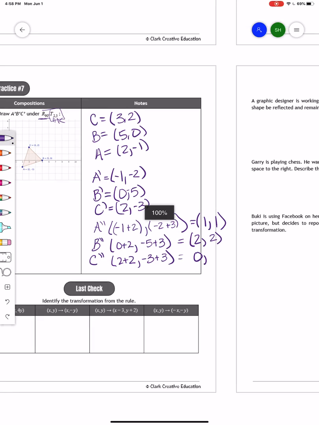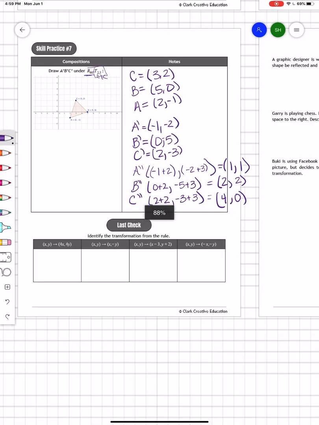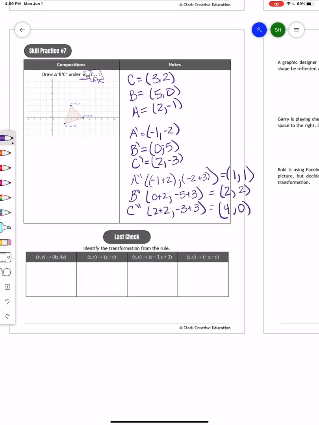Whew, my brain is not working today. Okay, so those would be your new points. You would be able to plot them on the thing, and your triangle would end up somewhere around here.